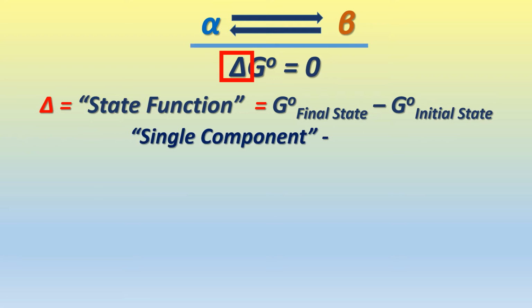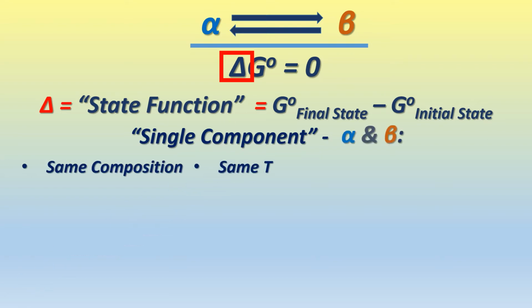In this particular equilibrium, I have a single component, meaning chemically and physically I have one compound, existing in 2 phases, alpha and beta. Those phases are in the same composition, at the same temperature, at the same volume, and overall the number of moles of this particular compound I have remains constant. The moles are just changing between 2 phases.